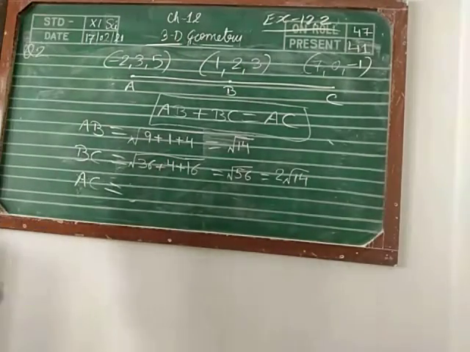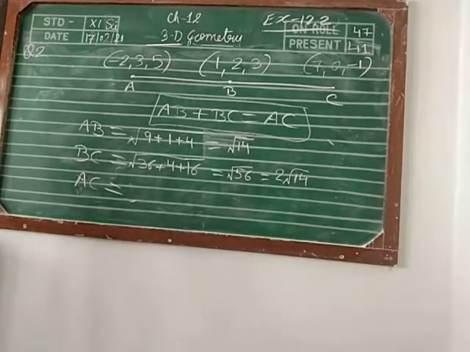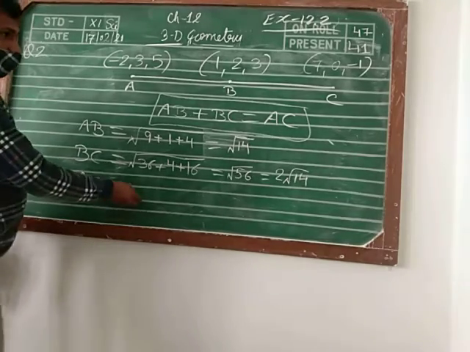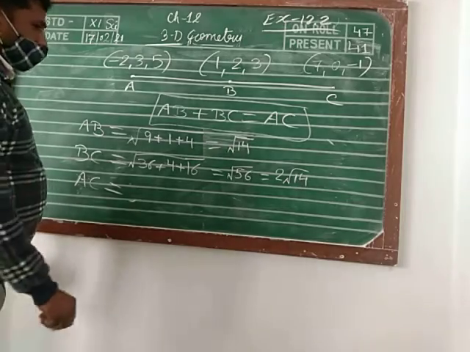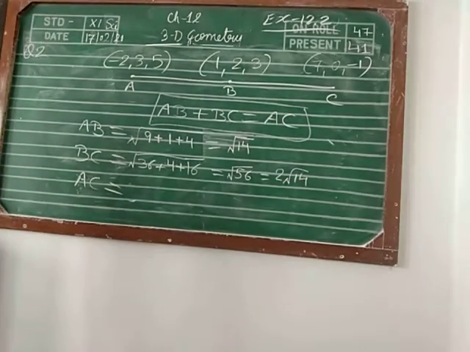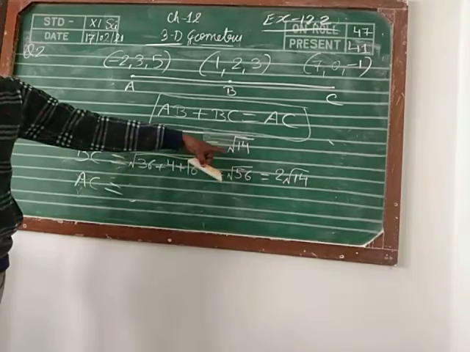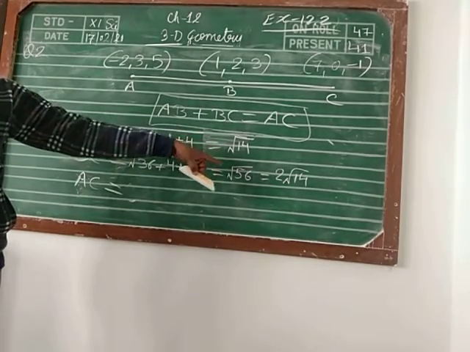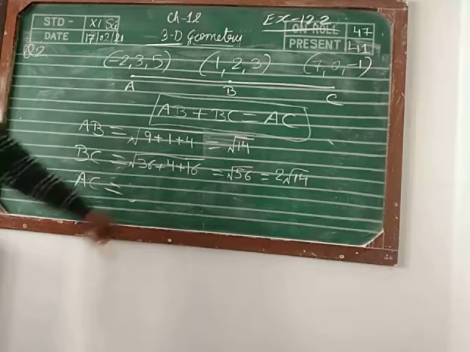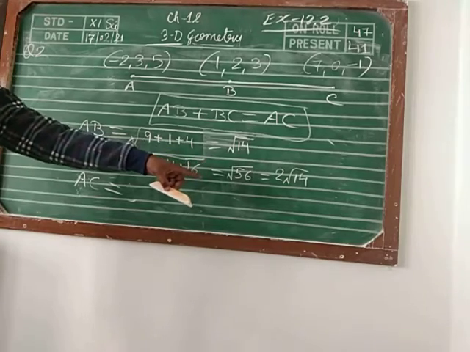BC is root 40. Root 14, root 56, root 126.